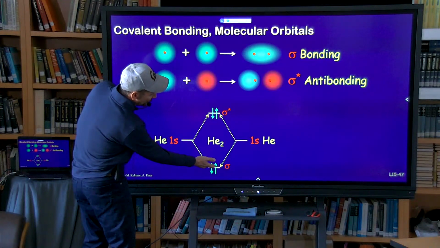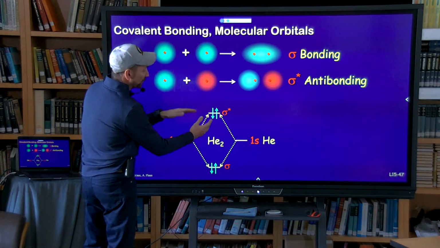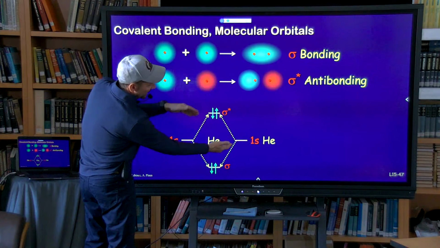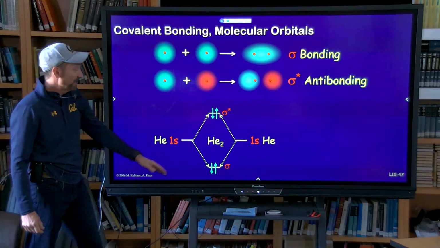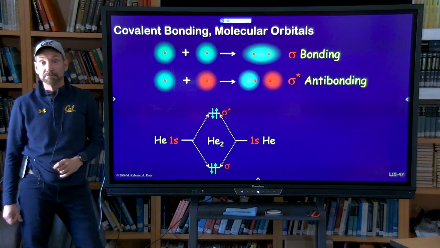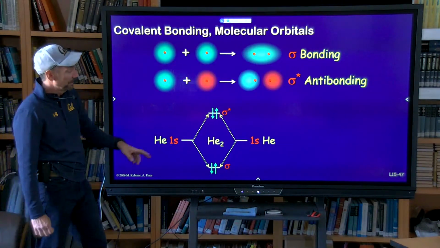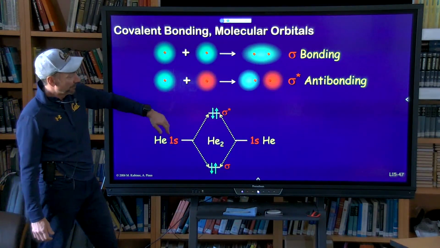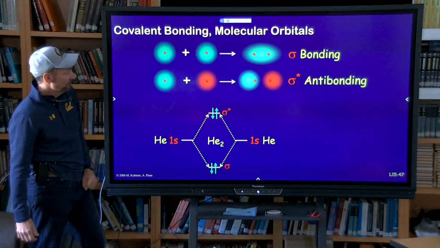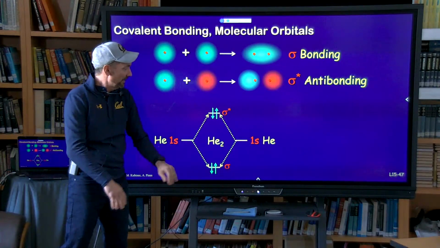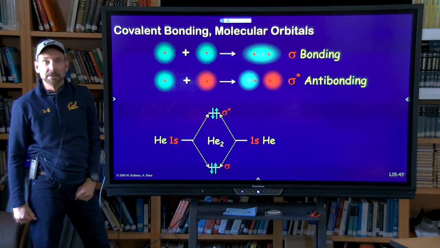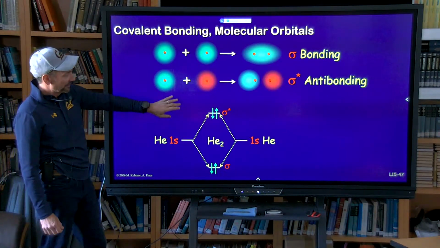So having 2 electrons here and 2 electrons here is worse than having them as atoms. He2 does not form molecules. Helium does not form a dimer. It stays as atoms. So already our pictorial idea is predicting what happens in nature.